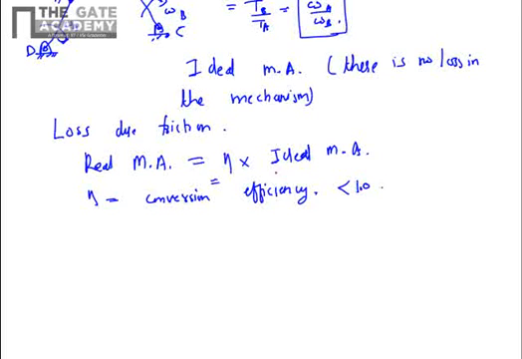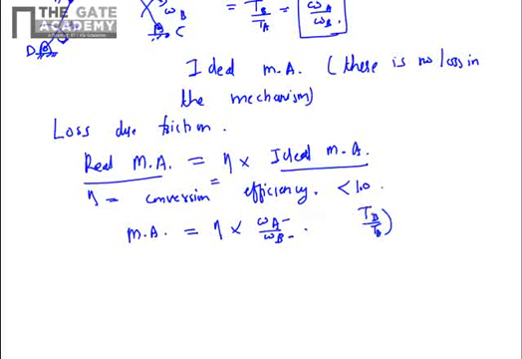So you multiply the ideal mechanical advantage with the conversion efficiency eta, and you get the real mechanical advantage. If you substitute the value of ideal mechanical advantage, you get eta multiplied by omega A by omega B: the angular velocity of the input link divided by the angular velocity of the output link. For the torque, it was TB by TA, the torque at output divided by torque at input. For the omega, it becomes reversed.